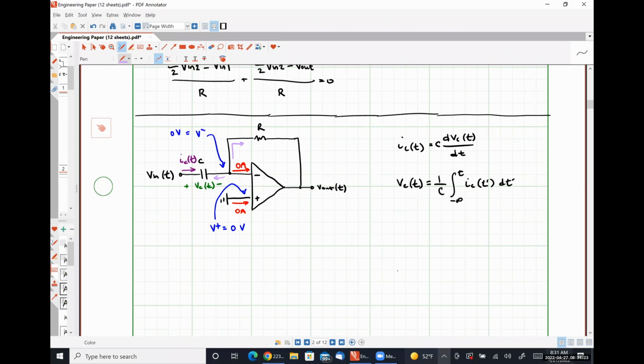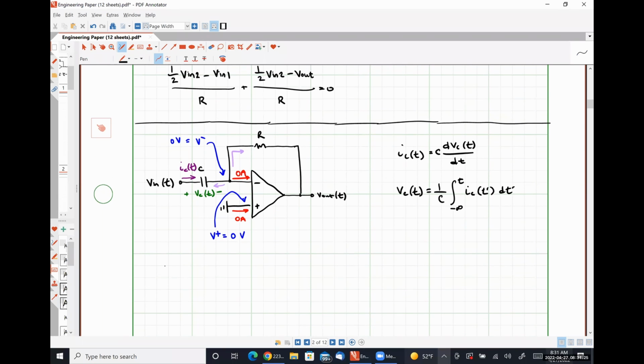And so that's going to give me negative IC of t, negative IC of t minus V out of t over R is equal to 0.